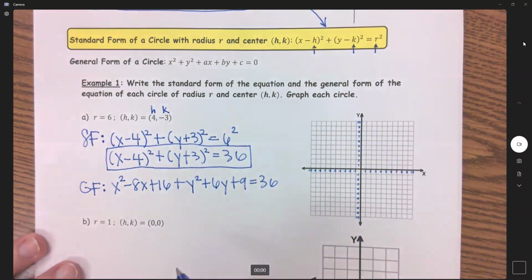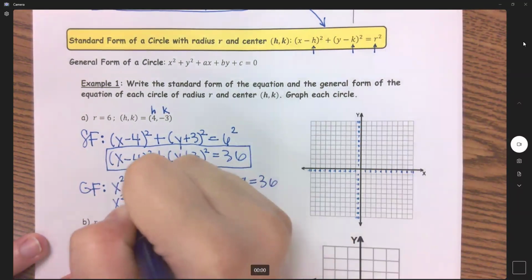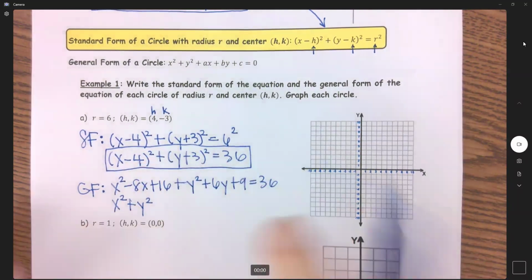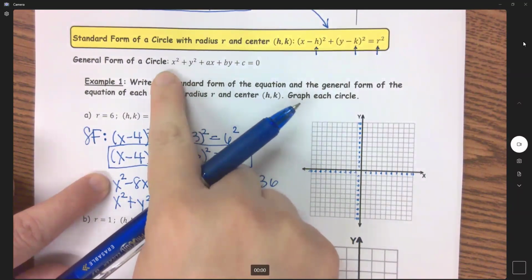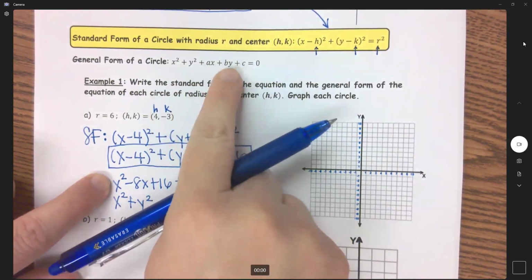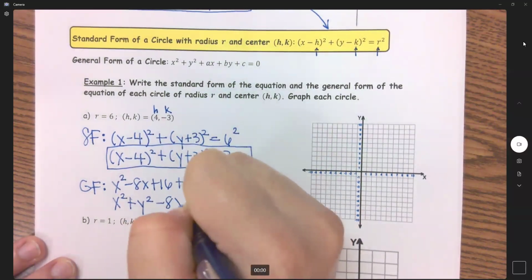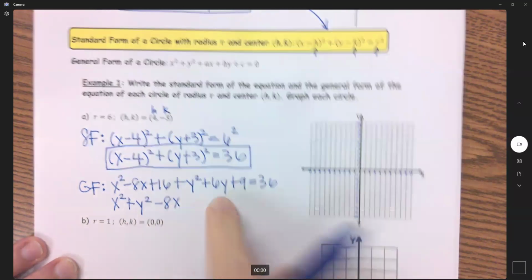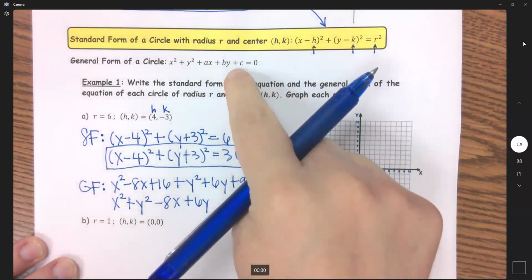So now we're going to rearrange here. I want my x squared and y squared first. That's what they told me to do here. Now I need my x and y variables that aren't squared. So we have negative 8x plus 6y. And then I need my constant.